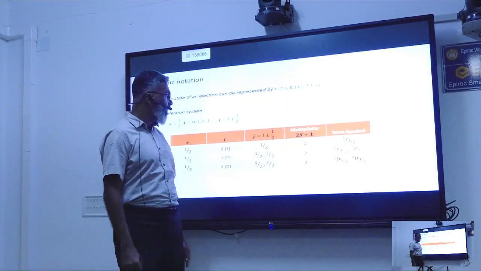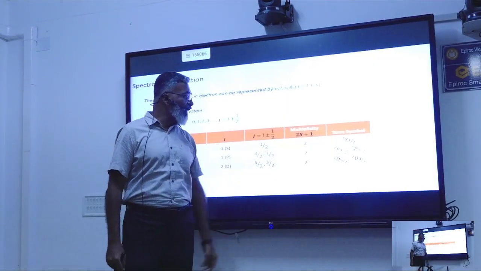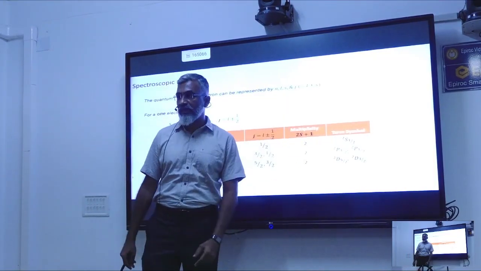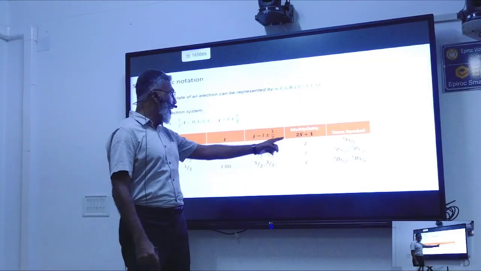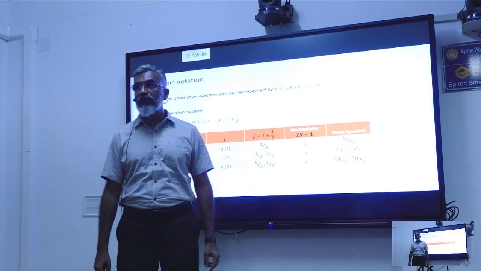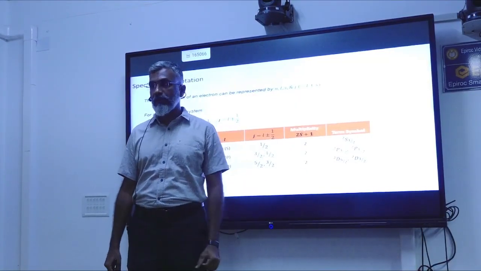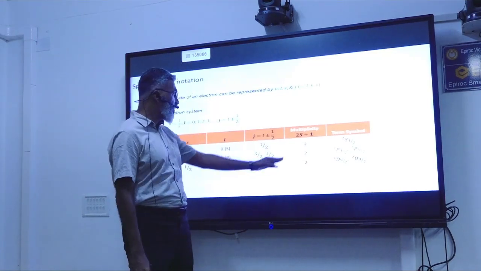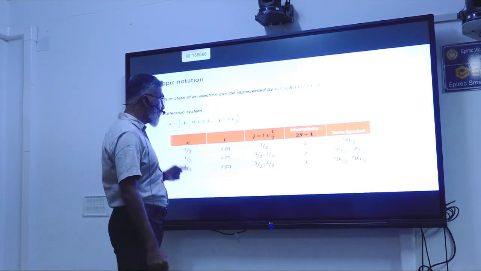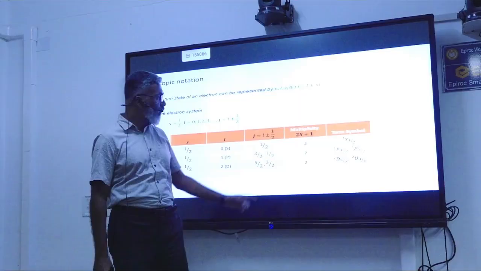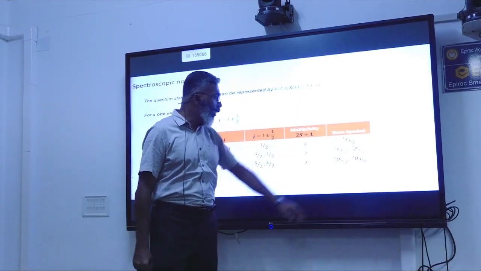And there is something called multiplicity, which is 2S plus 1. Here I use capital S because that corresponds to the total spin of the electrons. Here S is half, so 2S plus 1 is 2. So here's how you normally write it.